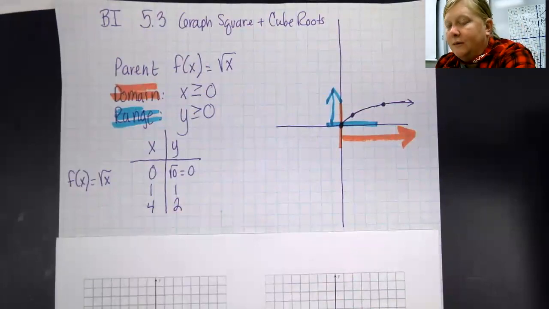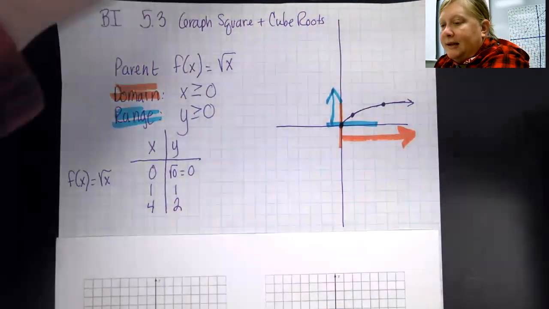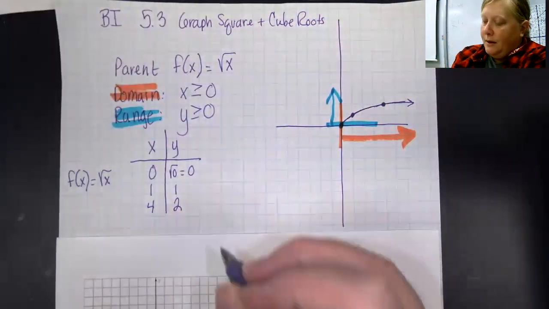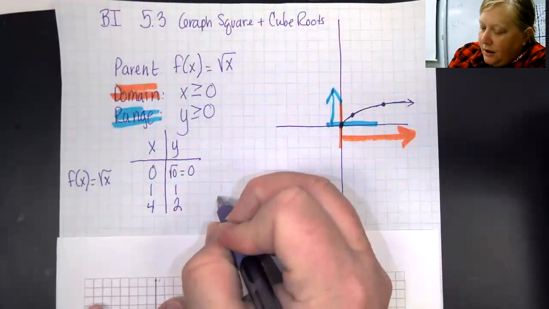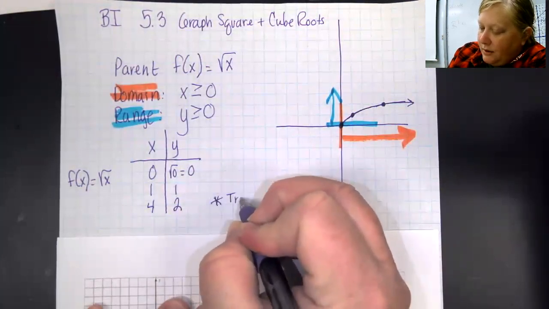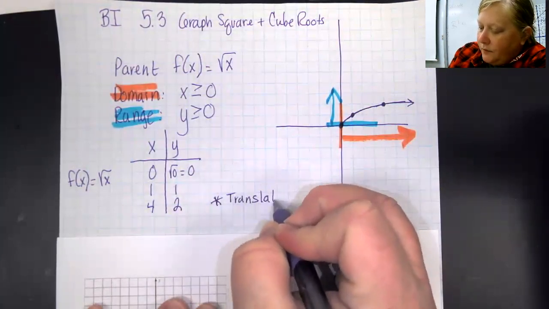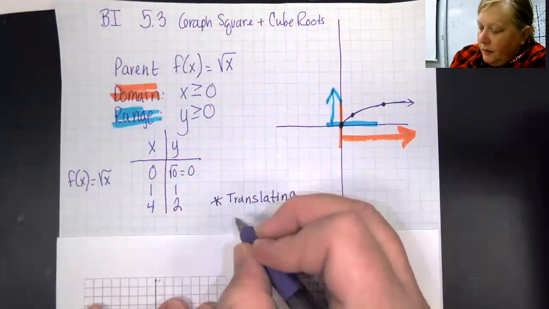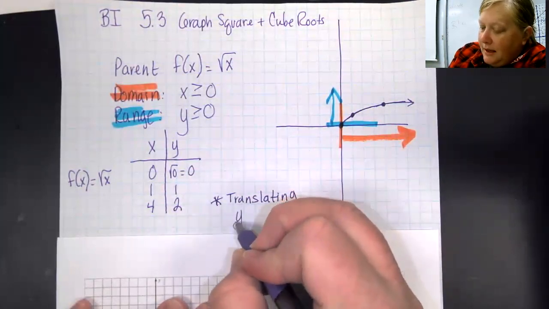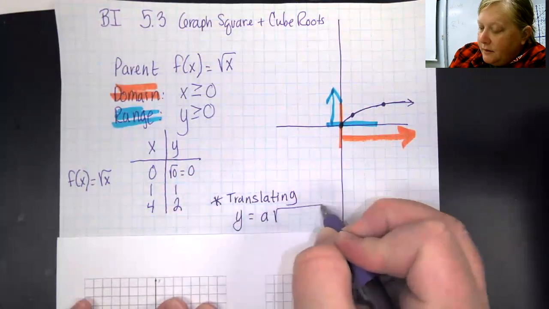Because the translation piece, of course, is going to be talking about things happening inside. So I'm going to put a little star here and put translating. Okay, and the translating piece is going to look like this.